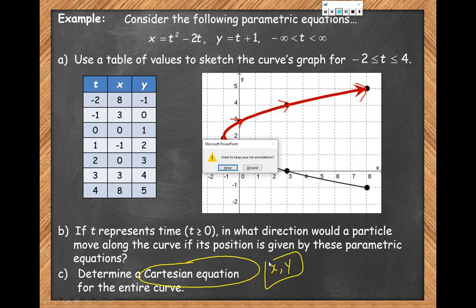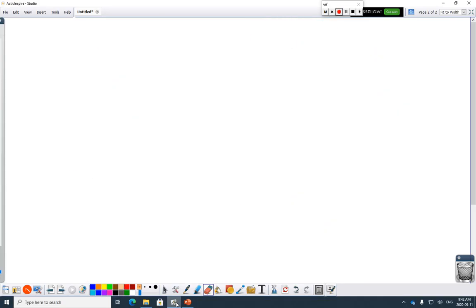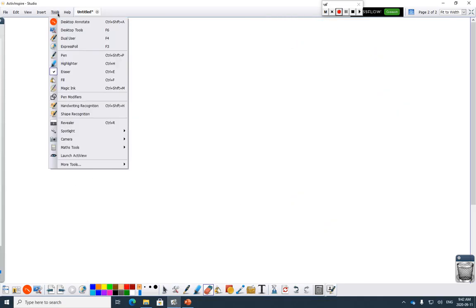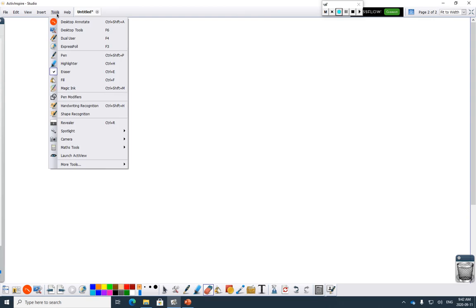Keep those annotations. Switch over to Active Inspire. Oh, I'm going to try and do better than that. New slide. I don't know if this is quicker or not, but it makes me feel like camera.